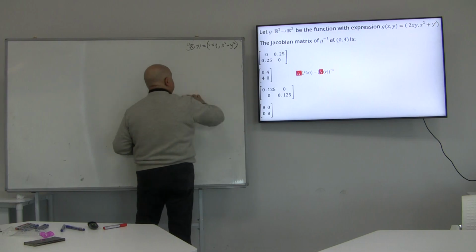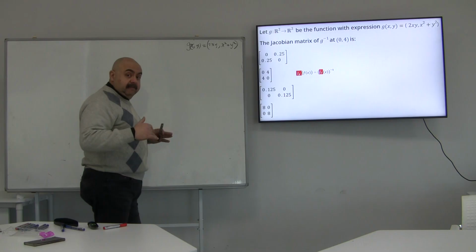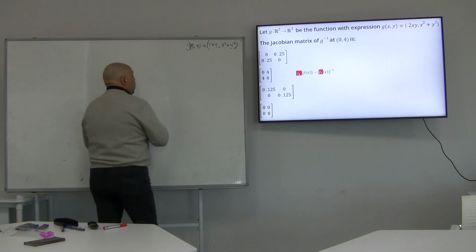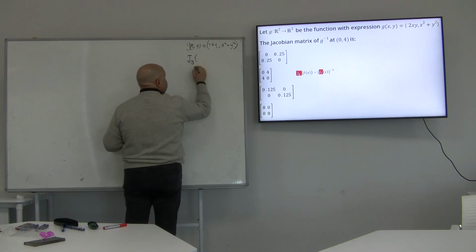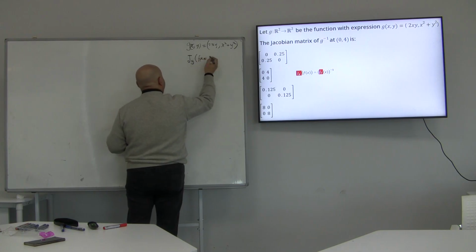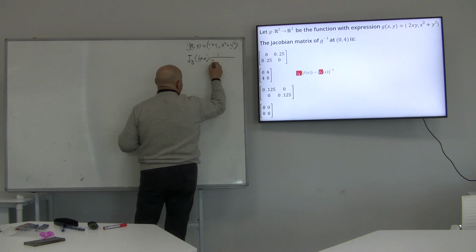So although I can't isolate it, I can't get the inverse function as clearly as possible, I can use this relation: that the Jacobian of g at the values of y, which is f of (x, y), equals 1 over the Jacobian of f at x1 and y1.